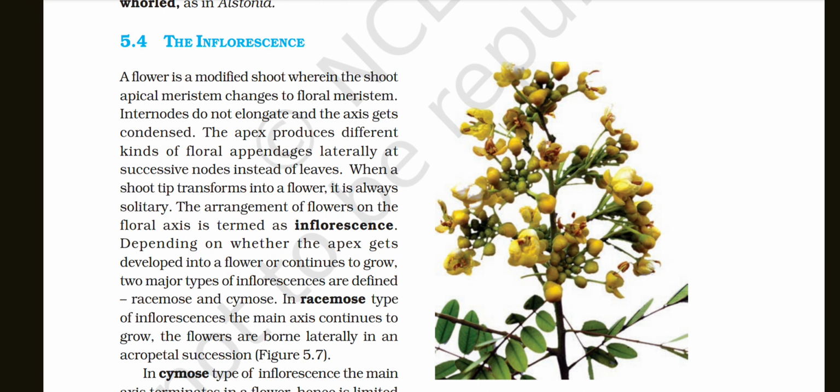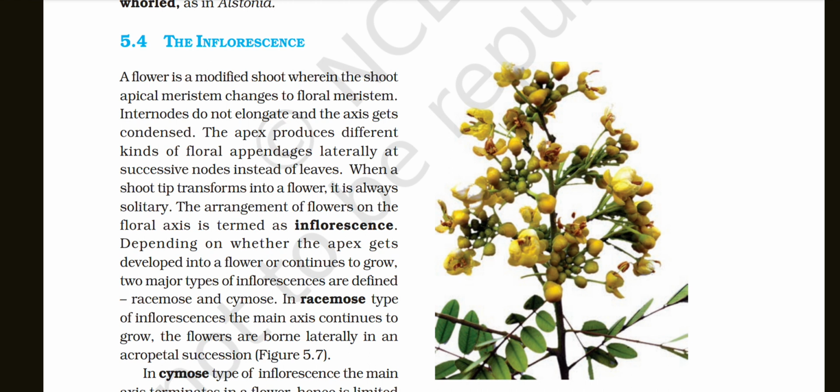The apex produces different kinds of floral appendages laterally at the successive nodes instead of leaves.